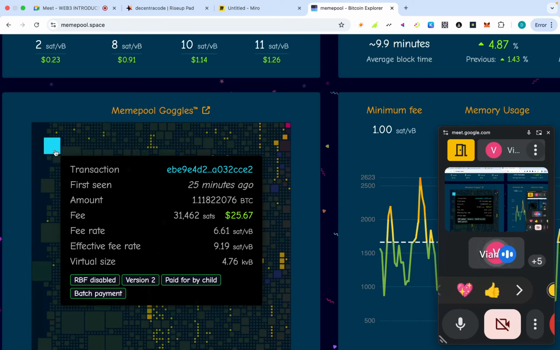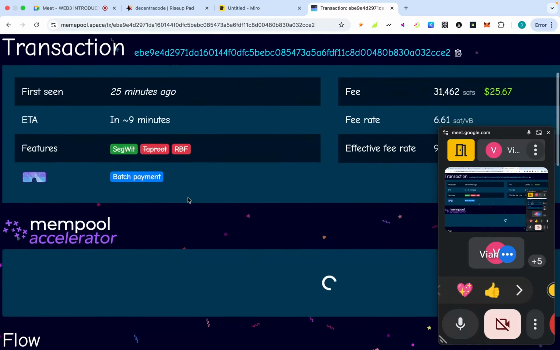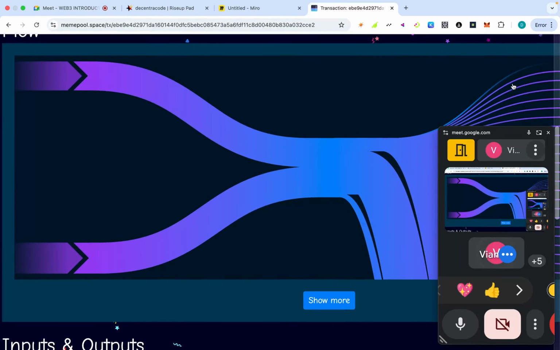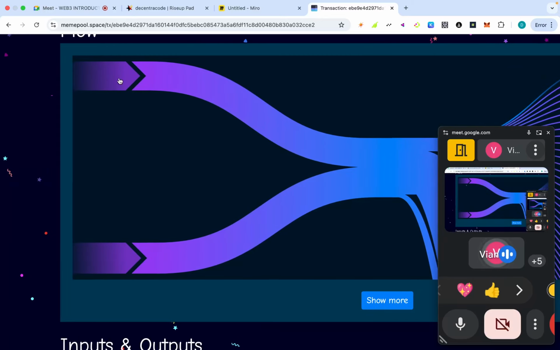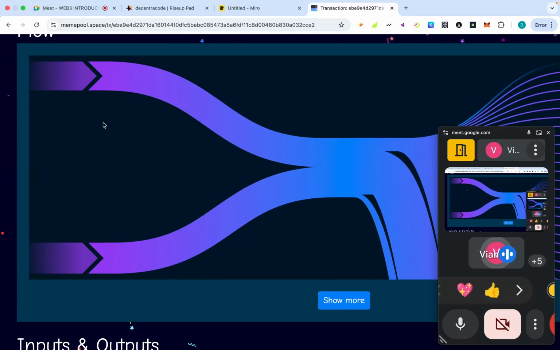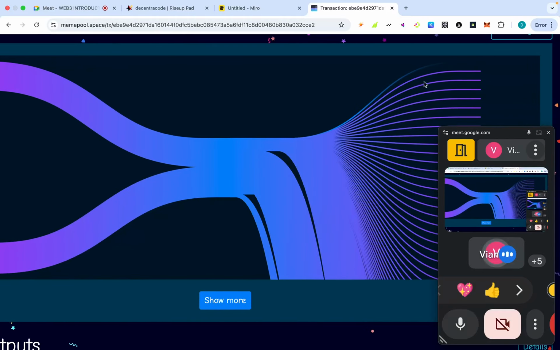So I want us to look at both these transactions. This chart may not be understandable, but what it simply means is that this transaction was a combination of two UTXOs. There was this one and that one. When they combined, these are just distributions to the nodes, taxes to the nodes.